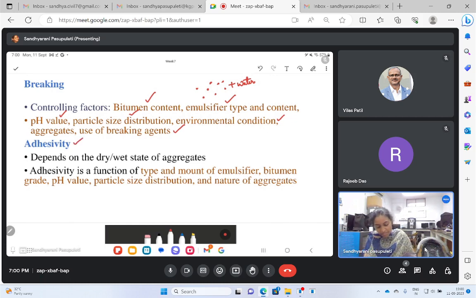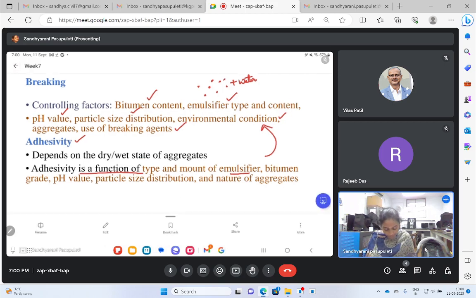Once the breaking is done, we would be depending mainly on adhesivity. Depending upon whether you are using this on dry aggregate or wet aggregate, the adhesivity would be affected. Adhesivity is a function of type and amount of emulsifier again. So the same factors which affect the breaking will also be affecting the adhesivity here.